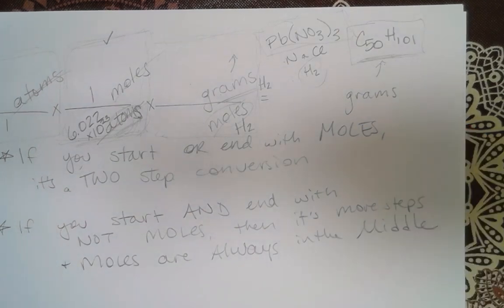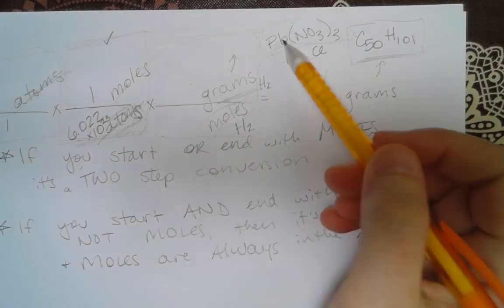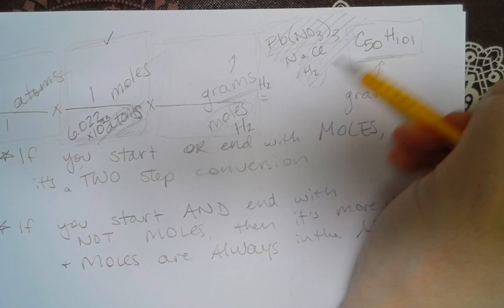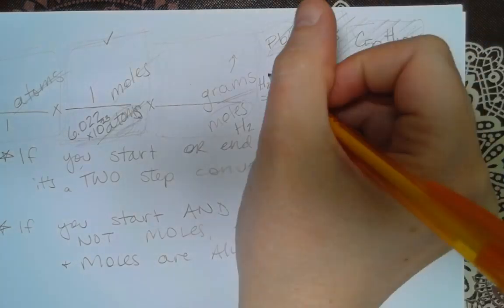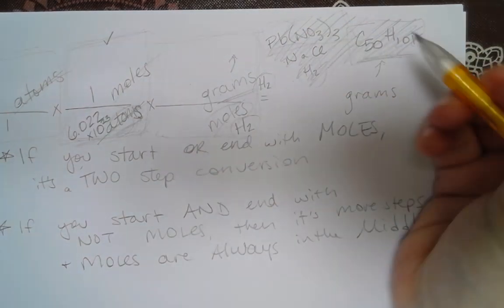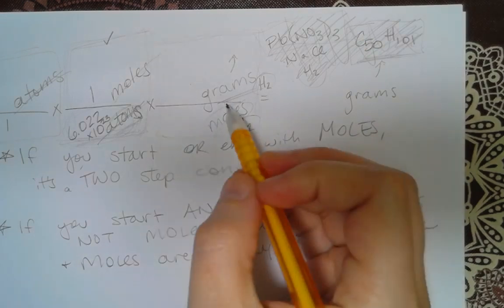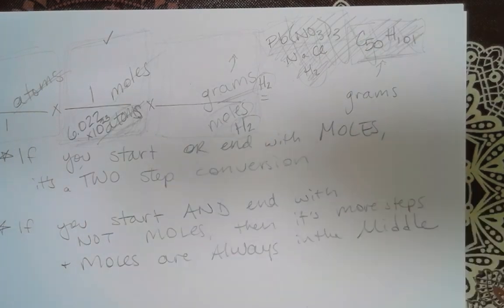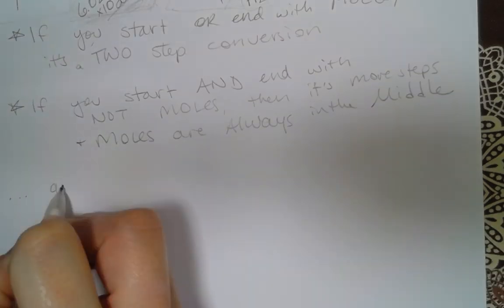Cool. Okay, let's forget all of this for now. Let's say we're working with H2. And we've got grams, so we need a mass. So grams, if you have the unit of grams, you need a mass.